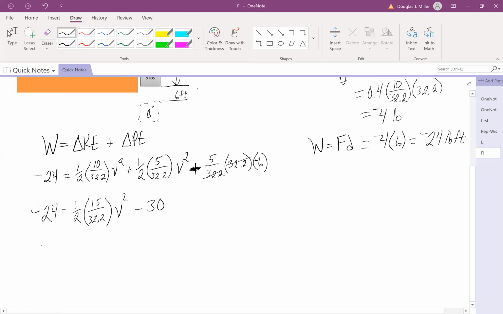So we actually find that when we add these together, 30 minus 24 is equal to 15 over 64.4 v squared. And so I find that v squared is equal to 6 multiplied by the 64.4 divided by the 15.